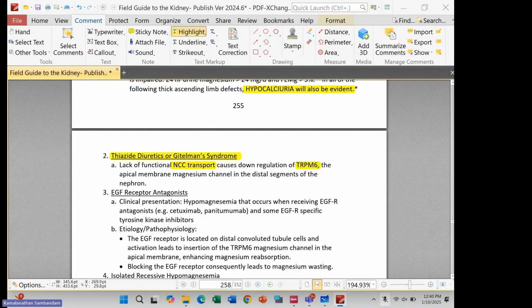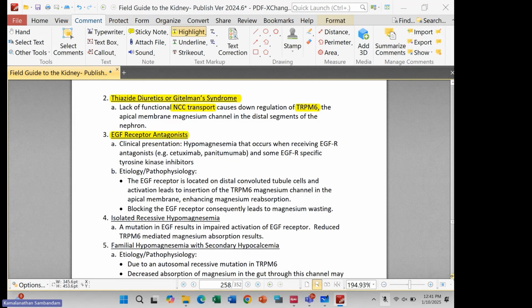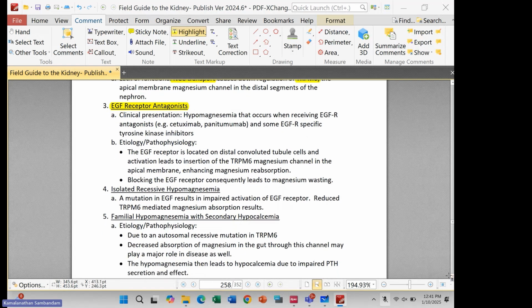There is an interaction between NCC transport and TRPM6, and even in knockout animal models in which NCC transport is genetically modified or inhibited, you can see the expression of TRPV5 in the apical membrane of the distal convoluted tubule downregulated. Why that happens is not perfectly understood, but it is well described even in animal models. Okay, and I'll say one last time that hypomagnesemia is a more consistent finding in Gitelman's than in Bartter syndrome.